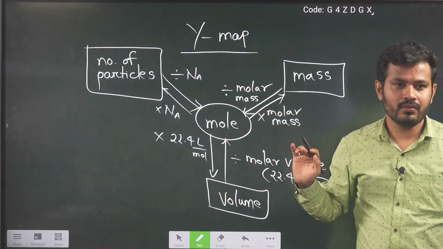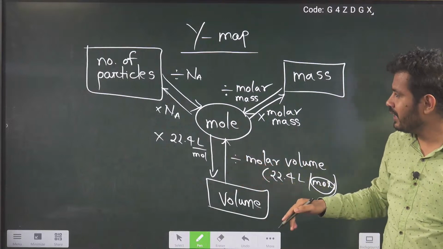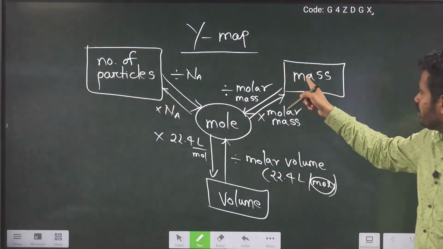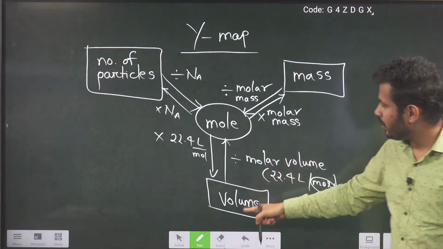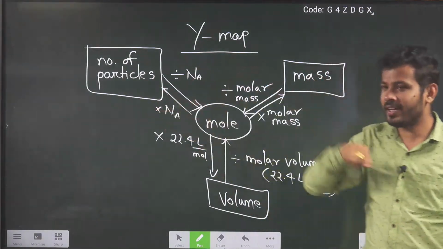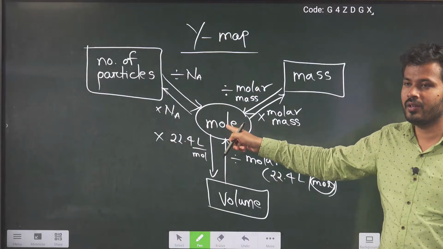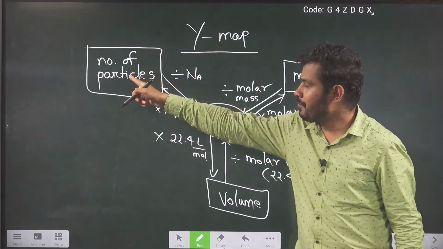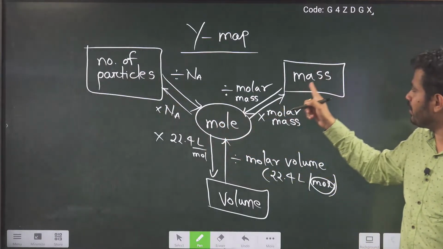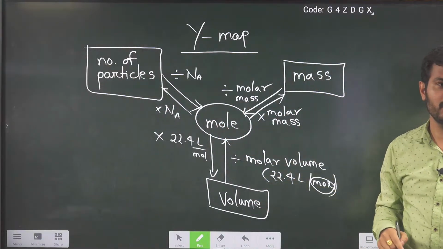What I'm saying is, in the question either mass, volume, or number of particles will be given. From that you are required to calculate the mole. Suppose the number of particles is given, you can calculate the mole, and after calculating the mole, it can be converted into the mass and the volume.